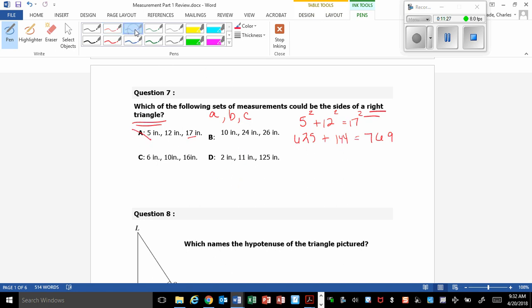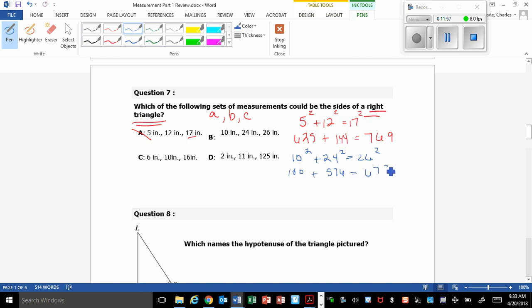So let's try B. B says 10 squared plus 24 squared should equal 26 squared. If it does, then it is a right triangle. In our calculator, 10 squared is 100, plus 24 squared, which is 576, gives us 676.